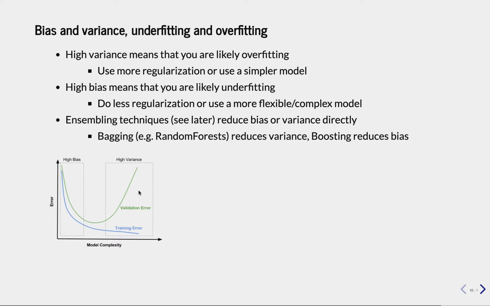Right, so if you measure high variance, typically it means that your model is overfitting and you should regularize it. You should make the model simpler so that it becomes more stable. If, on the other hand, you observe high bias, it means you're likely underfitting. Your model is too simple and cannot capture the concept you have to learn accurately. Right? So you have to make your model more flexible.